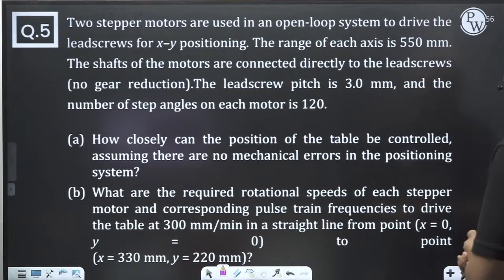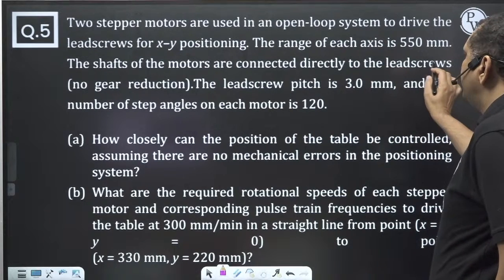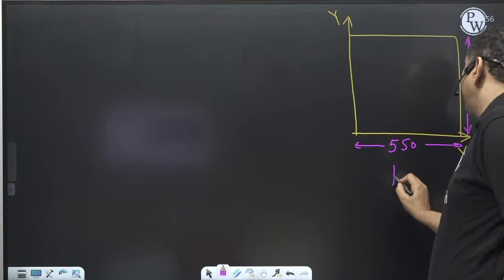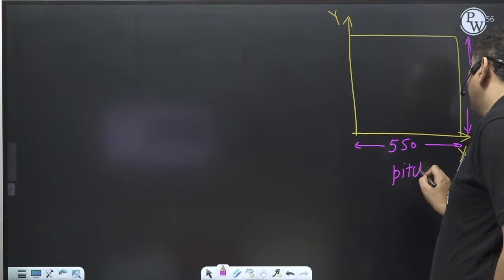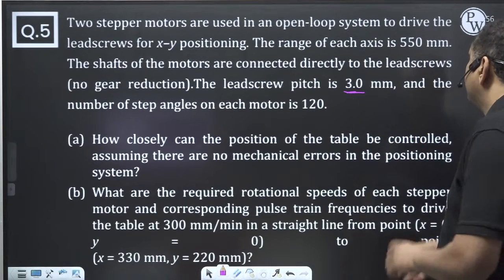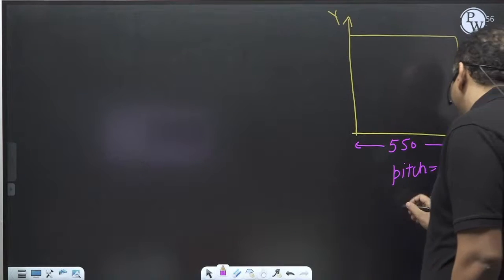The shafts of the motor are connected directly to the lead screw and its pitch is 3 mm, and the number of step angles on each motor is 120.